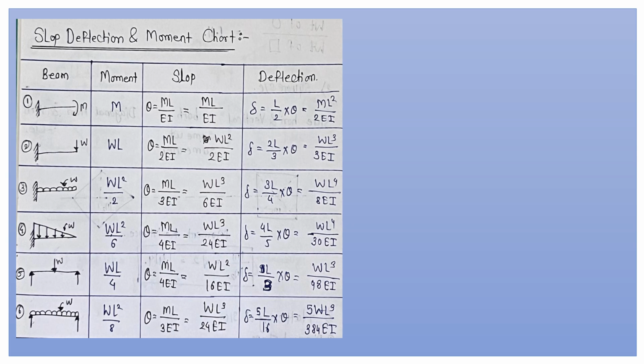And then next, in case of deflection, delta is deflection, theta is slope. Just multiply that theta with L by 2 for the first condition, then 2L by 3 for the second condition, 3L by 4 for the third condition, 4L by 5 for the fourth condition.